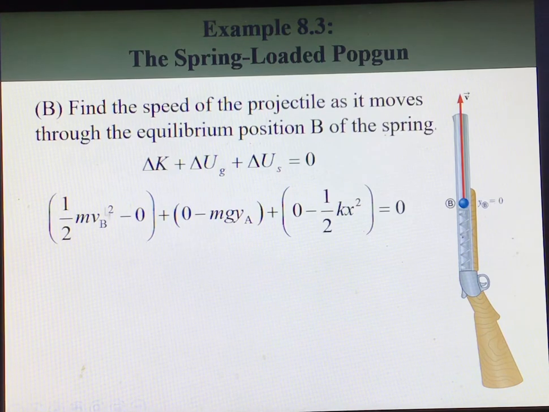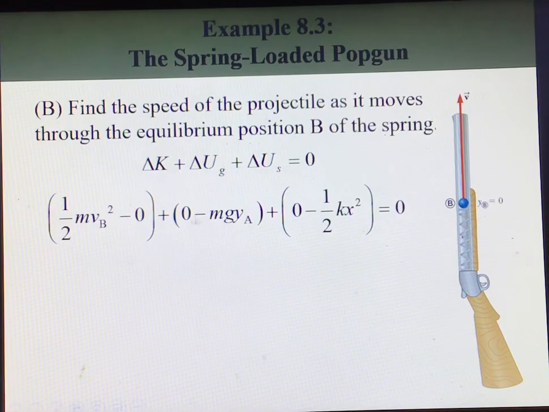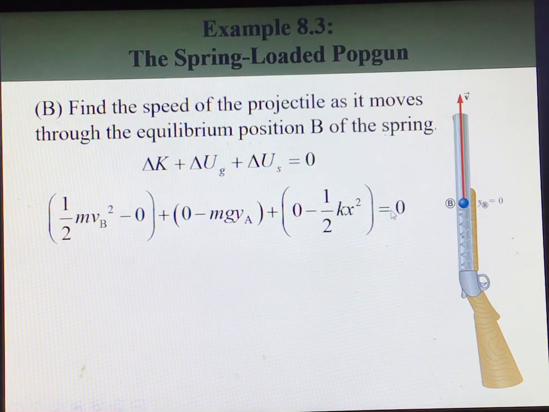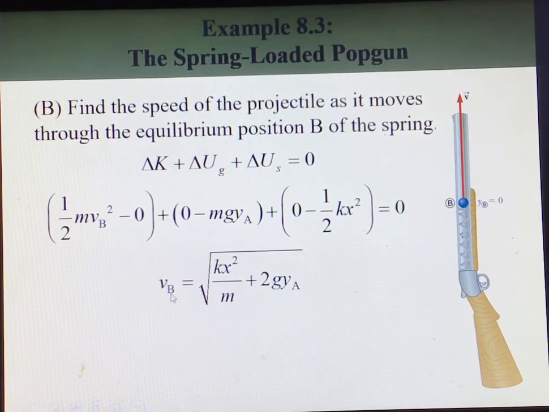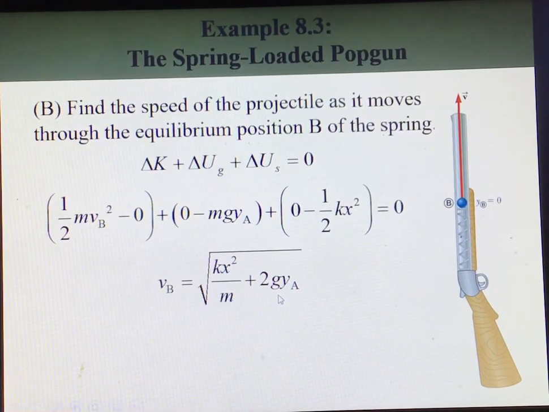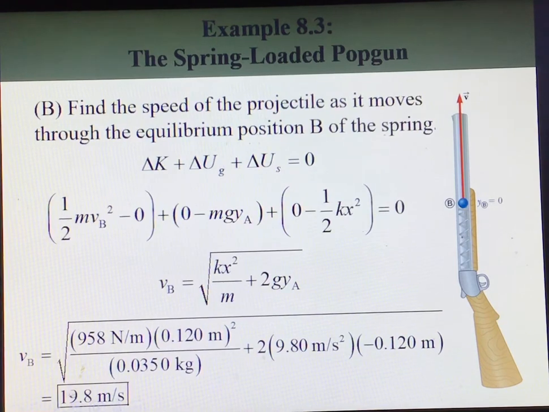The final kinetic energy is 1/2 m vb squared. By the time it gets to point B, the y value is 0. So you have 0 minus mg times ya, plus 0 minus 1/2 kx squared, is equal to 0. If you rearrange all of this, you can get the velocity at point B given by this expression. And if you substitute the values, you get a value of 19.8 meters per second.